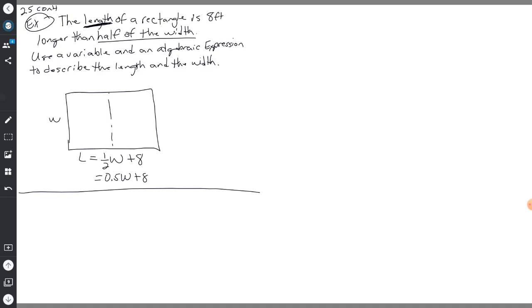Right in the middle of the W, I made a line, and then I wrote X on that line because it's the halfway point. And then on L, I did a line going up, X plus 8, because I needed a visual.